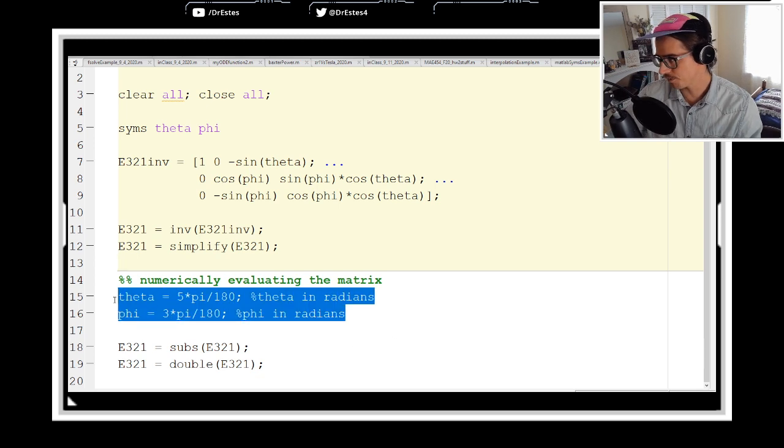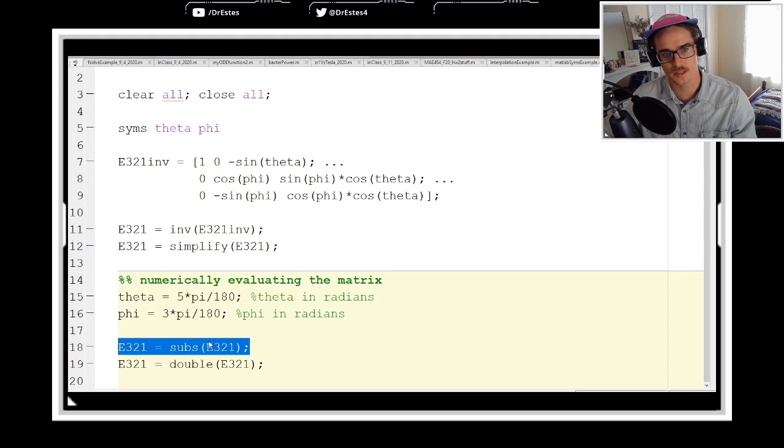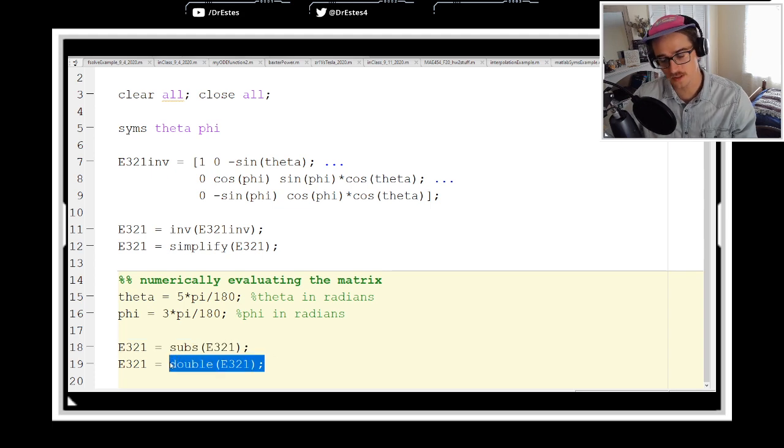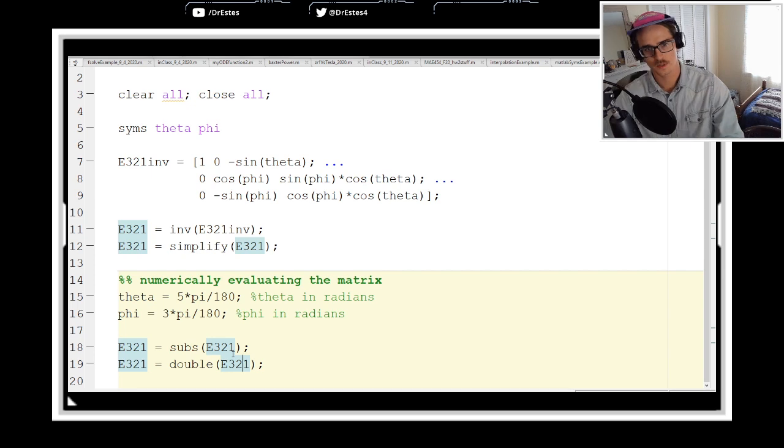Well, you have to define the numerical value for your symbols. You have to substitute those symbols into the symbolic matrix and then convert the symbolic matrix into double precision. And that's it. There's a lot of other cool stuff you can do with symbolic manipulation in Matlab, but that's all we're going to show you for now.